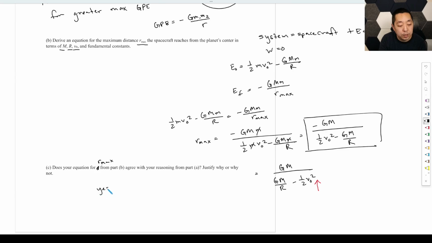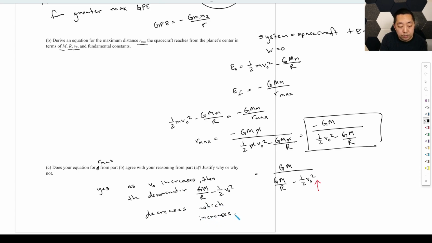So yes, as V0 increases, the denominator, GM over R minus 1/2 V0 squared, decreases, which increases R max.